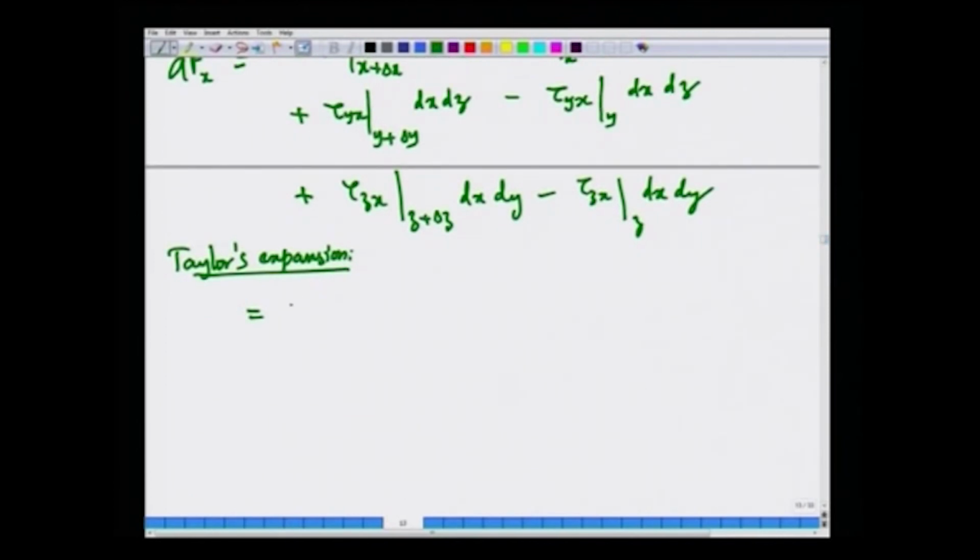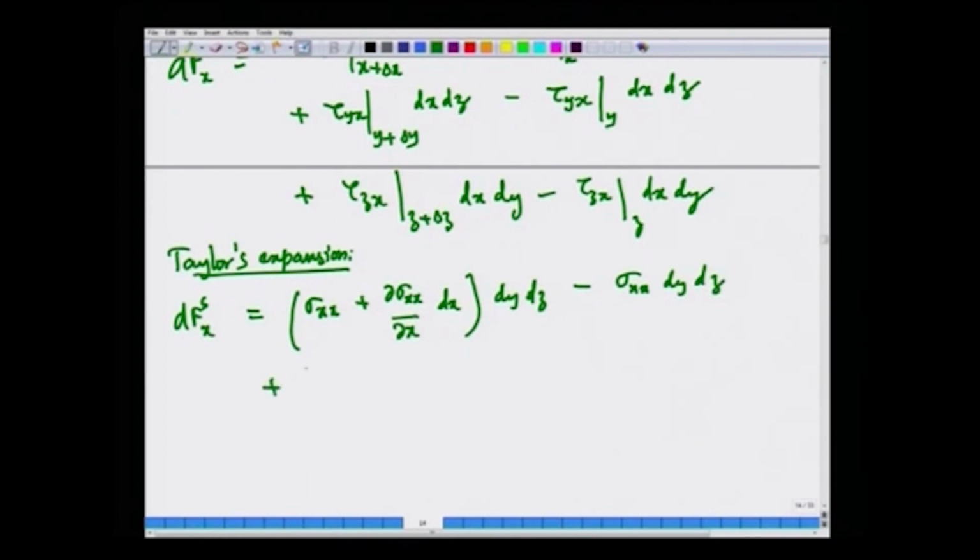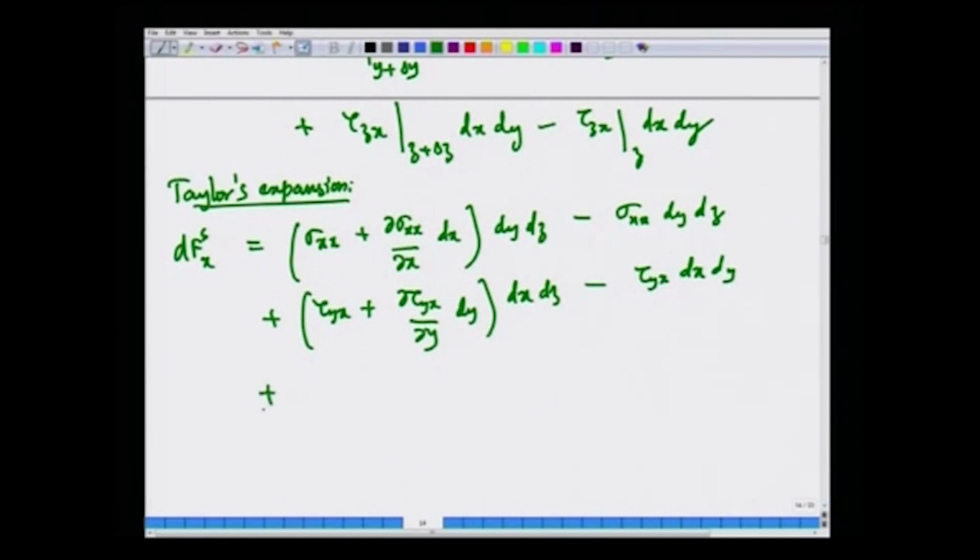After doing Taylor's expansion, you will find that dF_s,x is (sigma_xx plus d sigma_xx by dx times dx) dy dz minus sigma_xx dy dz, plus (tau_yx plus d tau_yx by dy times dy) dx dz minus tau_yx dx dz, evaluated at y, and so on.